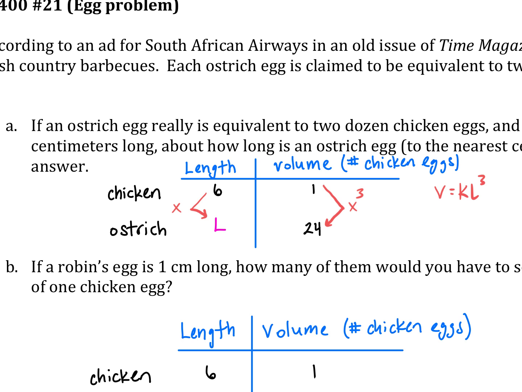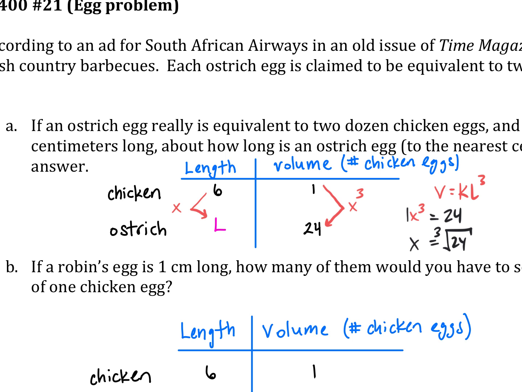So if we set up our equation, we have 1 times x cubed equals 24, right? If we take the cube root of each side, we get x is equal to the cube root of 24. If you throw that onto the calculator, you get about 2.88 something, but we can keep it exactly as the cube root of 24.